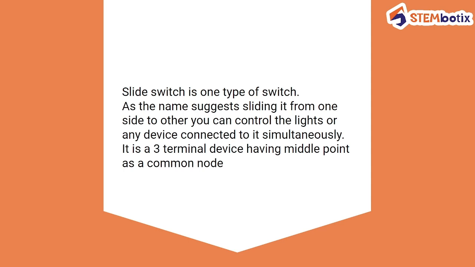Sliding it towards any of the devices, you can turn that particular device on. It is a three terminal device having the middle point as a common node. In a slide switch, it has three terminals, and the middle terminal acts as a common node.